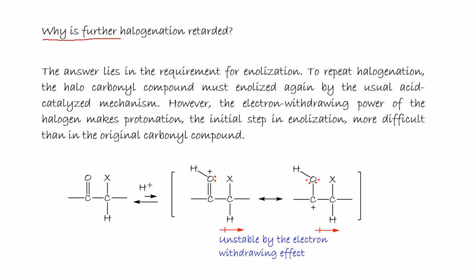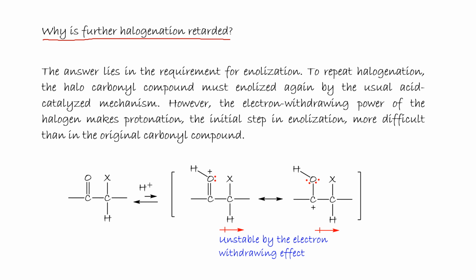Why is further halogenation retarded in acidic medium? The answer lies in the requirement for enolization. To repeat halogenation, the halocarbonyl compound must enolize again by the usual acid catalyzed mechanism.